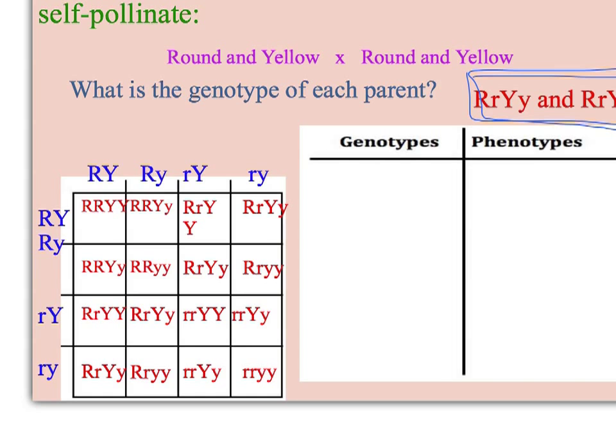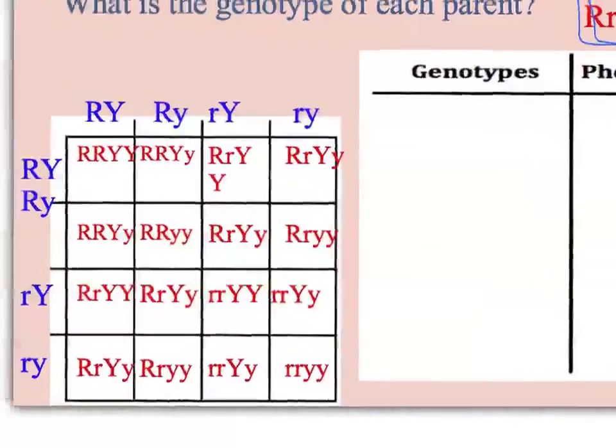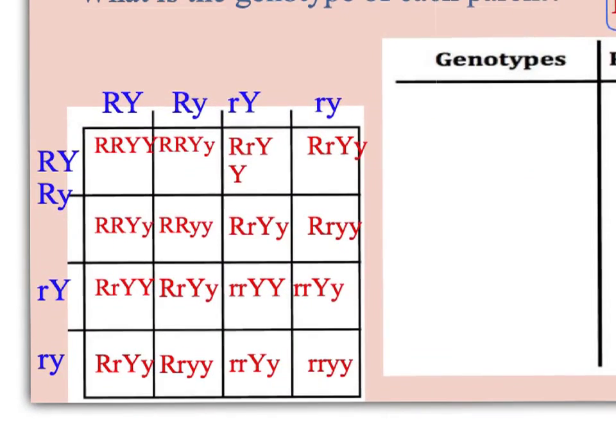So what I'm going to get with this one, let's look at the genotypes first. Okay, what I'm going to get here is in this box I have a big R and a big R and a big Y and a big Y. Now I want to look through and see how many boxes like that I have, and that's the only one. So I'm going to cross it off just so I don't come back to it.